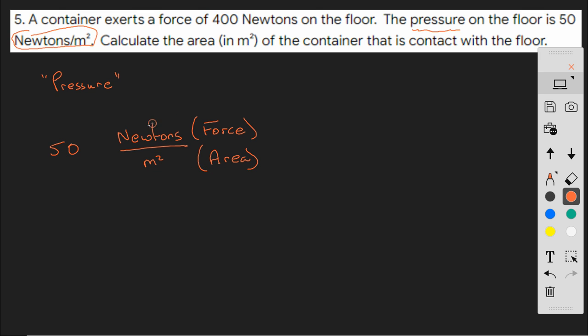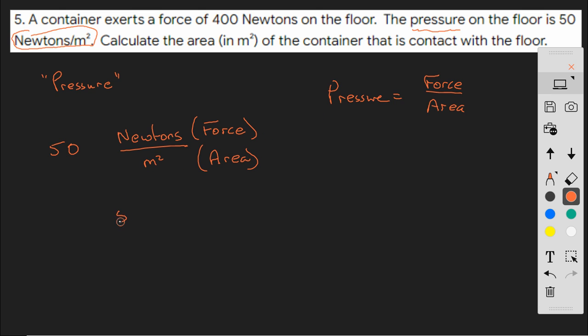So just from this information about the units, I know that pressure equals force divided by area. I don't even need to be told that.